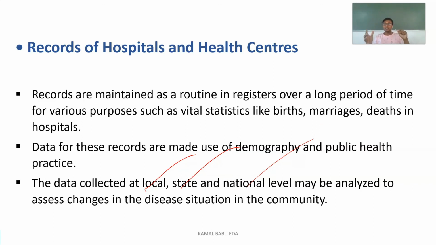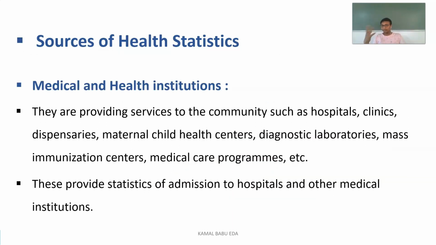The records are maintained as routine in registers over a long period of time for various purposes. Mainly, we check vital statistics like the birth, the marriage, and the death rate in the hospital. All these things come under the records of hospitals and health centers.